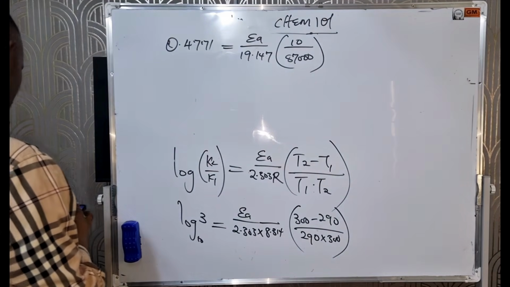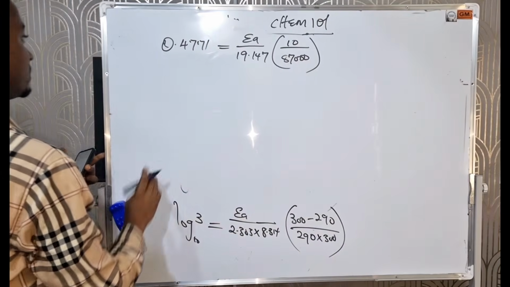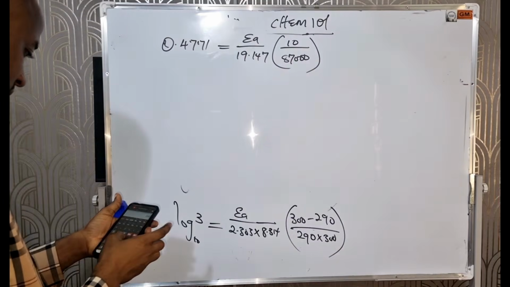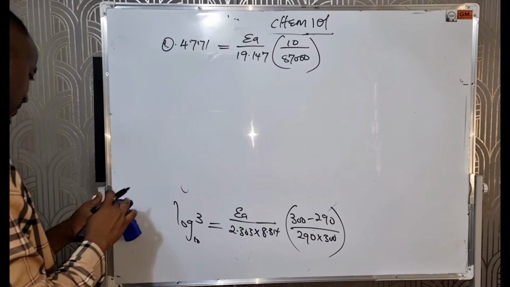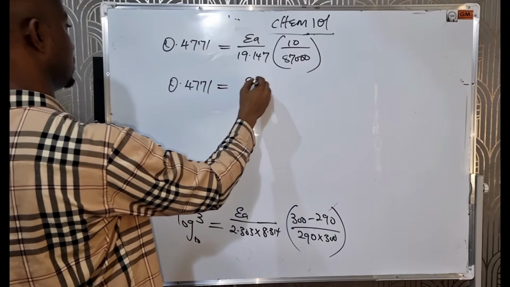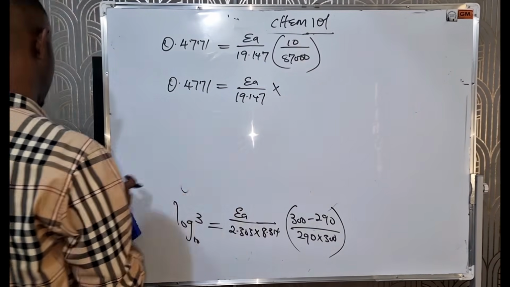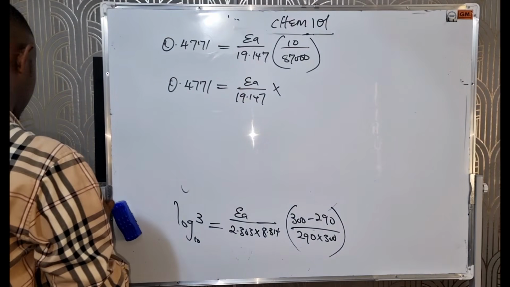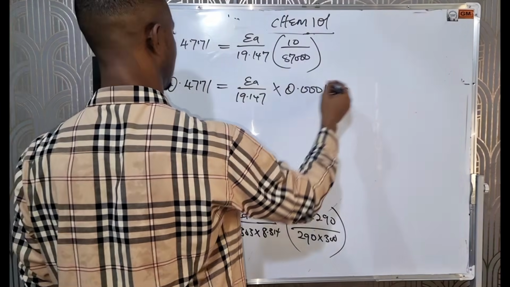We are correct. Evaluating further, we have 0.4771 equals Ea divided by 19.147, times 10 divided by 87,000, which is about 0.0001149.